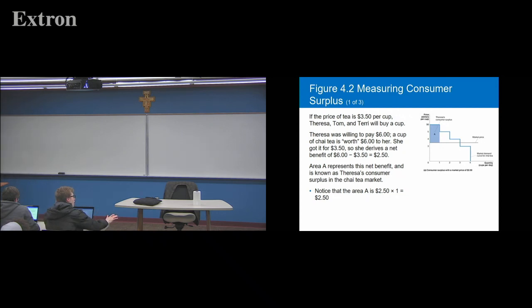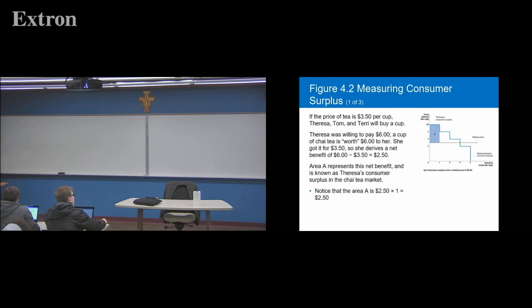So with $3.50 per cup, how much consumer surplus is Tom getting if he's willing to pay $5? You take his value, how much he values it for, $5 minus $3.50.